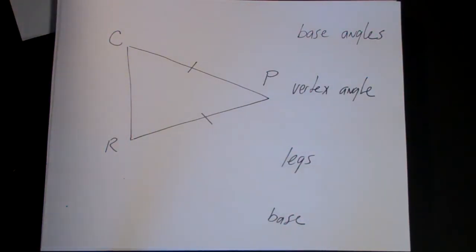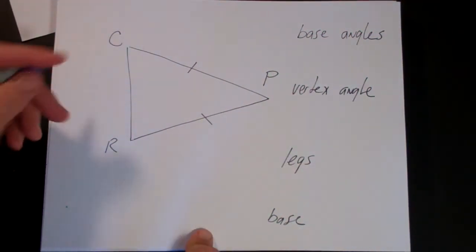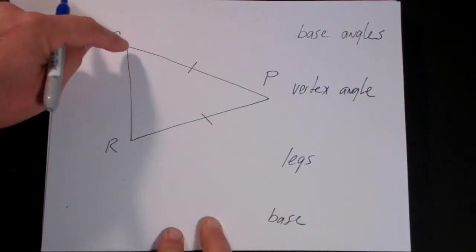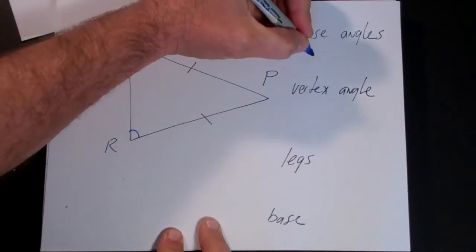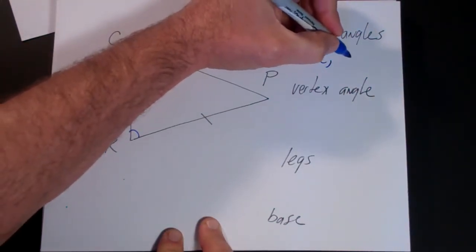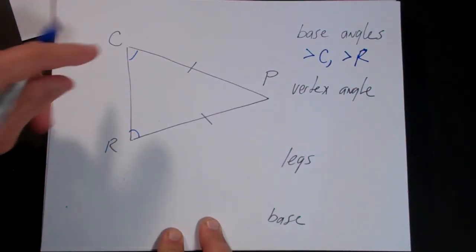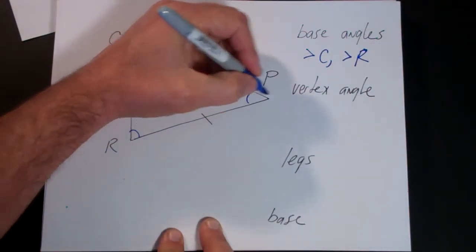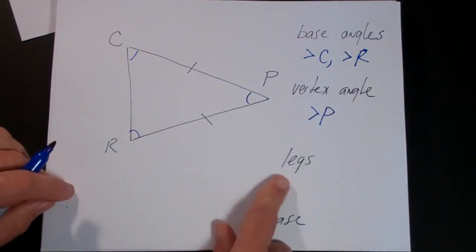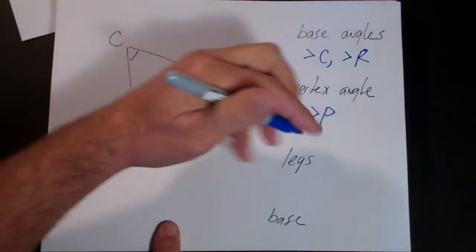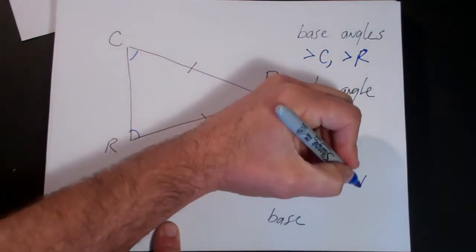Okay, let's go through this. If we look at this, these are the equal sides, so these two angles are the base angles. So we call the base angles angle C and angle R. The vertex angle is the angle in between the equal sides, so that's angle P. The legs are the equal sides, so that's CP and PR.